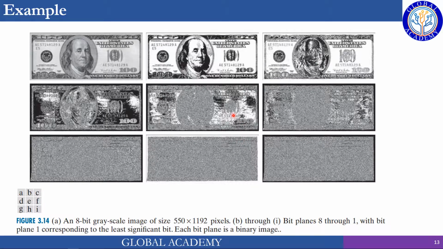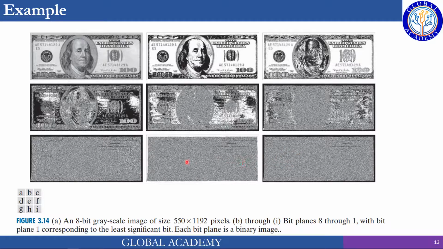Here's another example of bit plane slicing. An 8-bit grayscale image of a $100 US dollar currency note, and this is the original 8-bit grayscale image. This is the most significant bit slice, and then 7th, 6th, 5th, 4th, and then 3rd, 2nd, and this is the least significant bit.